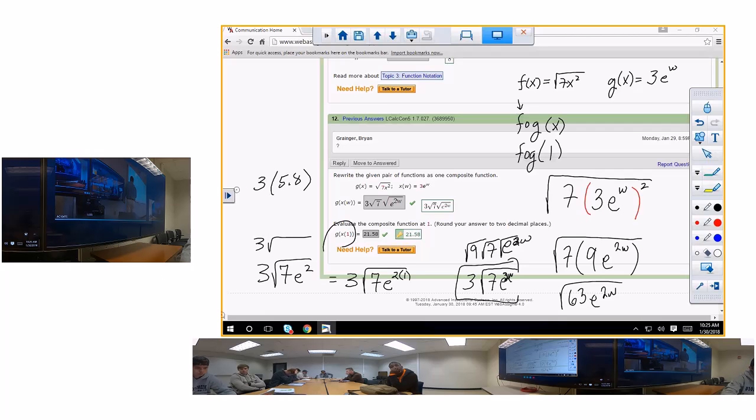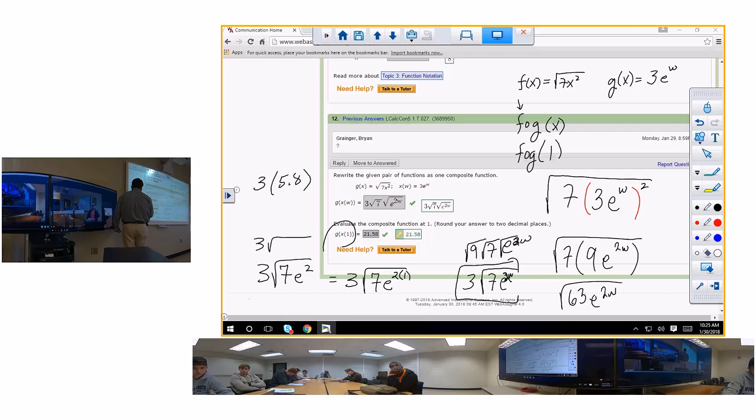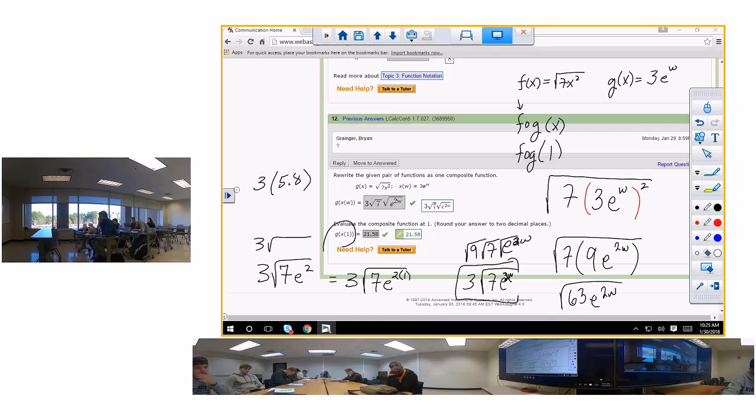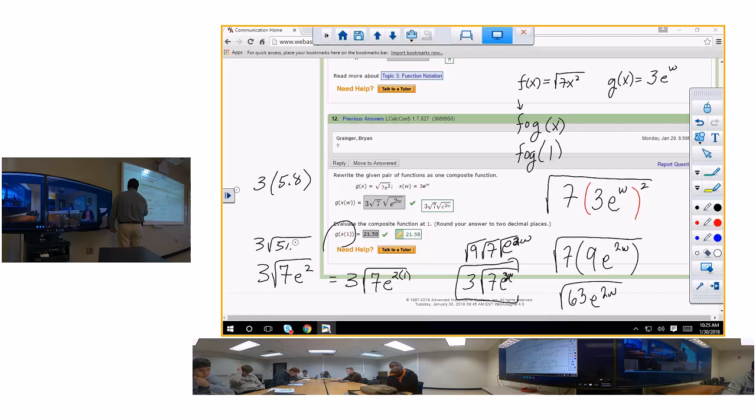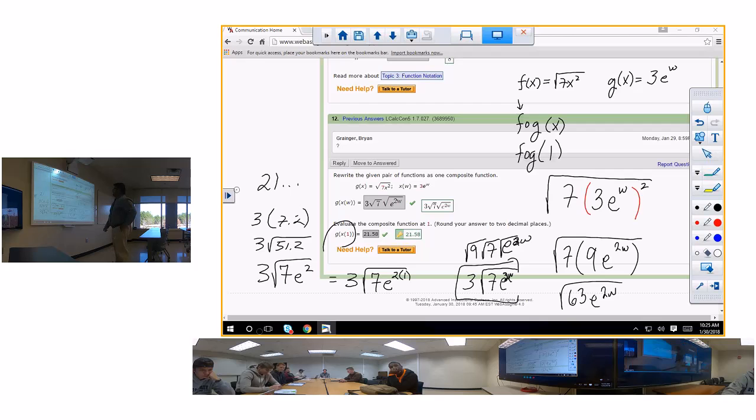I got 51.73. And then what's the square root of 51.7? 7.19. And then 3 times 7.19 is whatever the answer is. 21.57. Okay, so hopefully that helps.